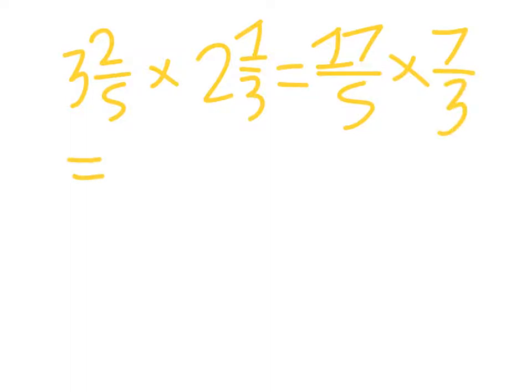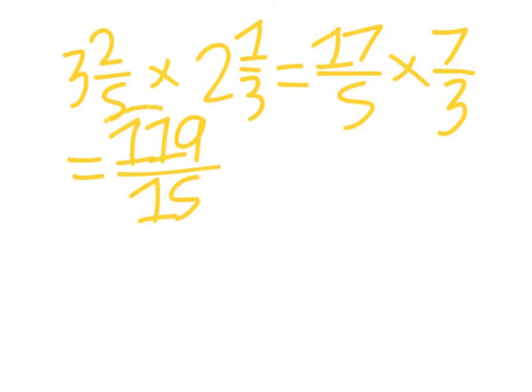And then, just like we did previously, we're going to want to multiply the numerators together and multiply the denominators together. So 17 times 7 is 119. 5 times 3 is 15. That's as simplified as it can be, so that gives us a final answer of 119 over 15.